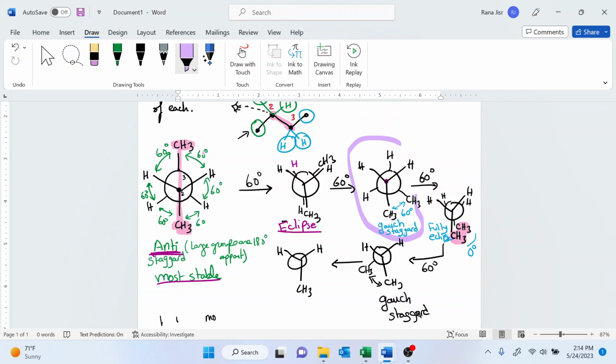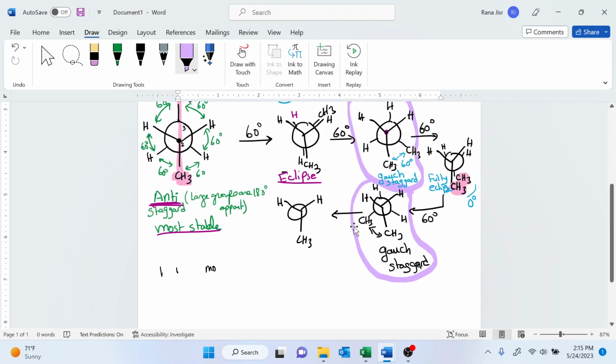This one is a gauche staggered. And this one, let's finish the structure. And this one is a gauche staggered at the same time. So these two, I'm expecting them to have the same energy because the CH3s are 60 degrees apart. Everything else is the same here and here. So these two are going to have the same energy conformations.